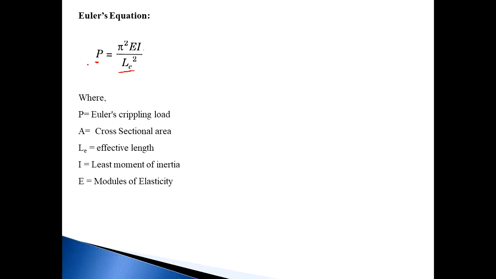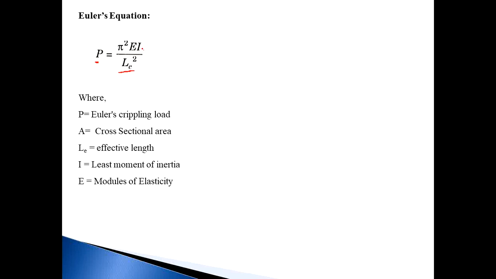So this is the Euler's equation. Once again, P is equal to pi square EI upon L effective square. See here, pi is a constant, E is a material property. We just need to calculate moment of inertia and effective length. Effective length depends upon the end conditions, and we need to calculate only moment of inertia.